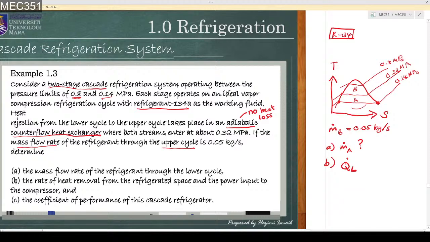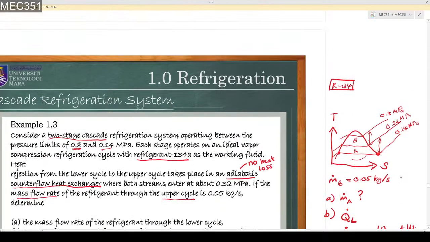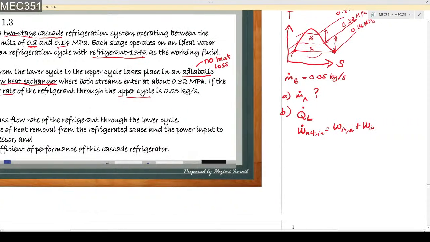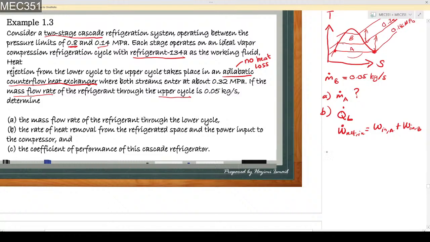Now we consist of two systems, so we will have two compressors. So work dot net in, you should total up the net work in A and work in B. The final question is the coefficient of performance, the COP.